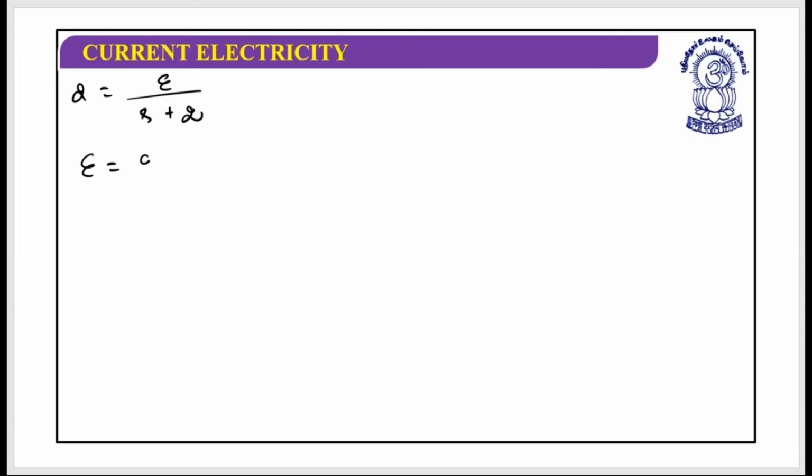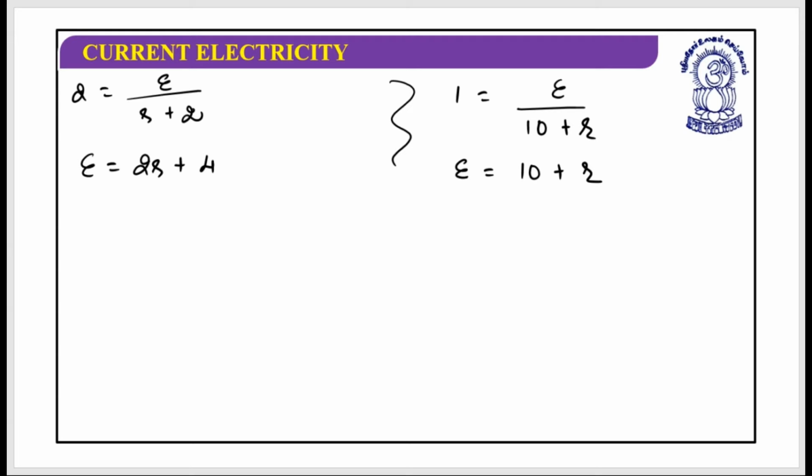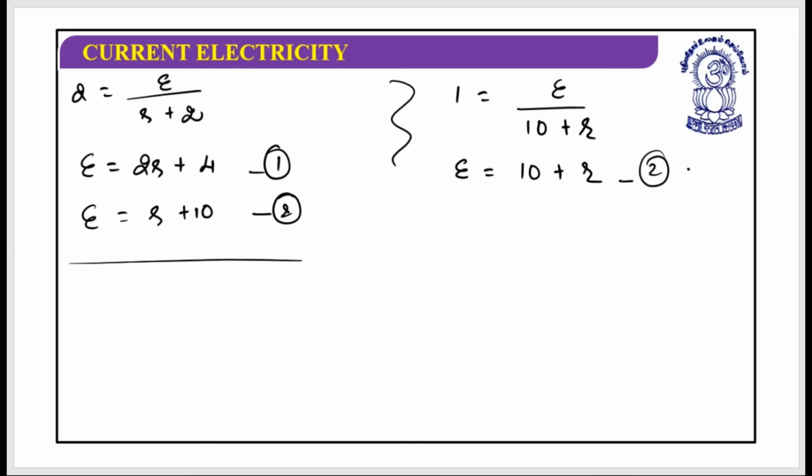That means E is equal to 2R plus 4, and 1 is equal to E divided by 10 plus R. That means E is equal to 10 plus R. This is relation number 1. Relation number 2 is E equal to R plus 10.